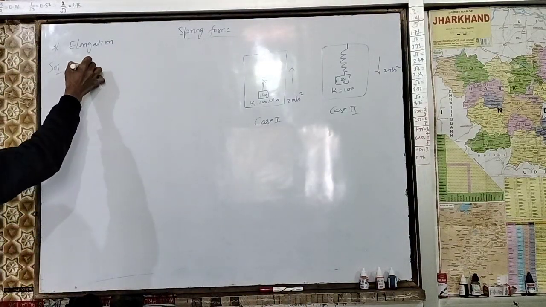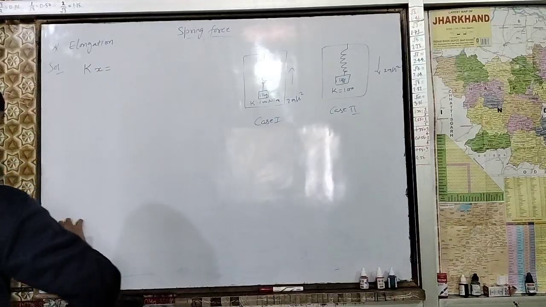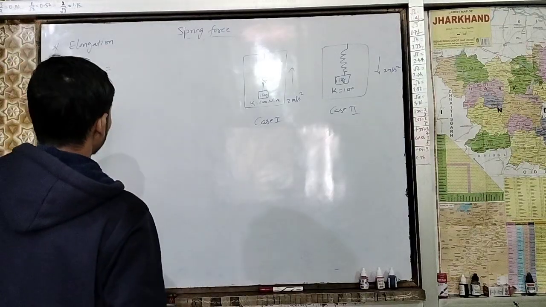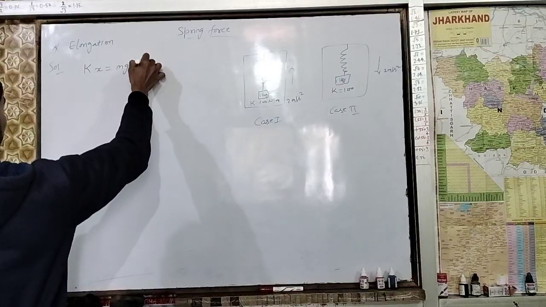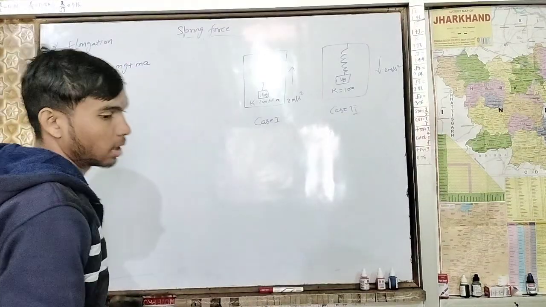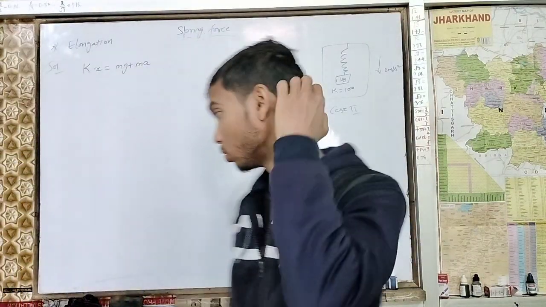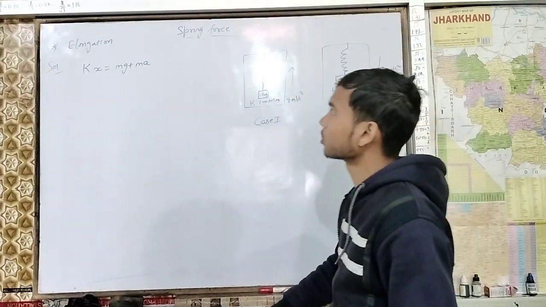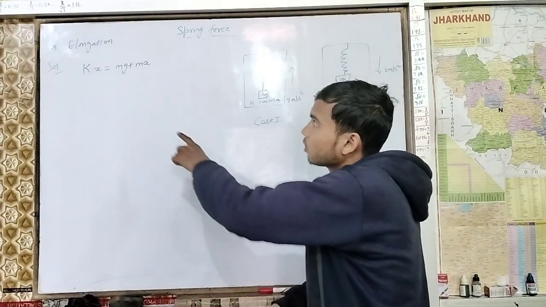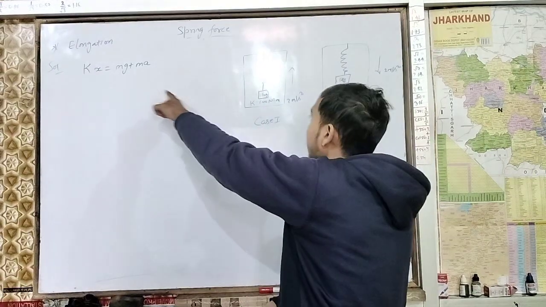So first, kx is equal to the total mass into acceleration, ma. Look at over here, we are finding a spring force. So can you write kx minus mg?